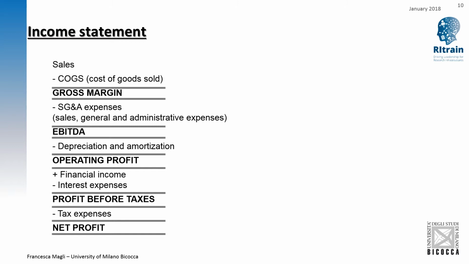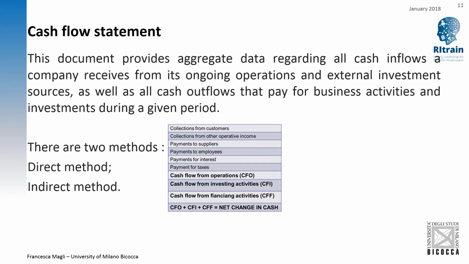The third very important document of the financial statements is the cash flow statement. The company raised capital from its owners, which is inside the owners' equity in the balance sheet, and from lenders, inside of liabilities.